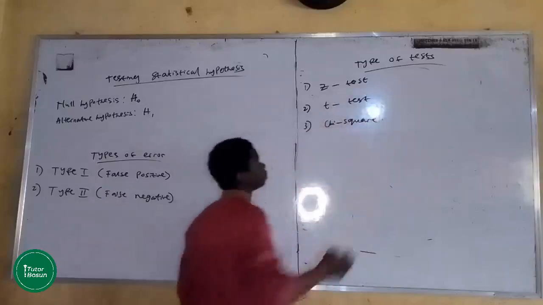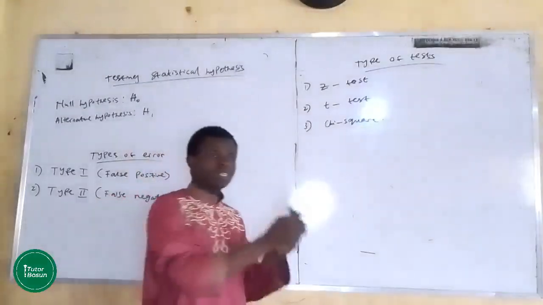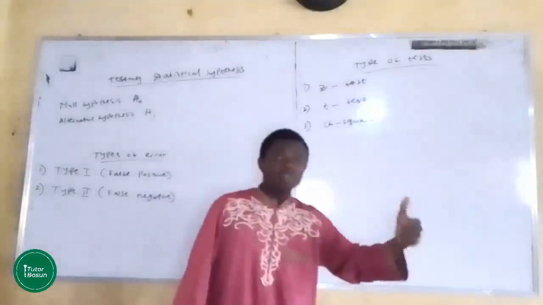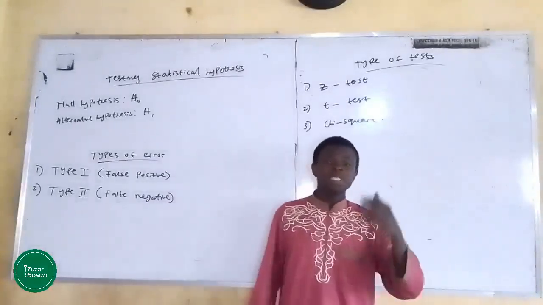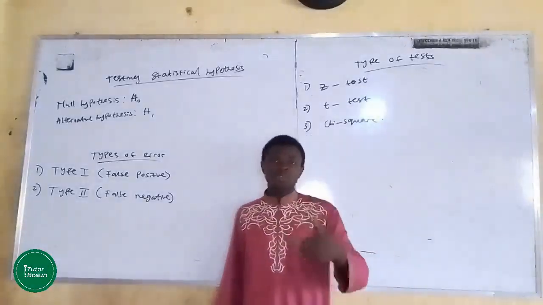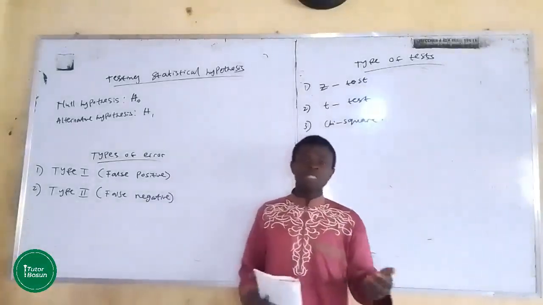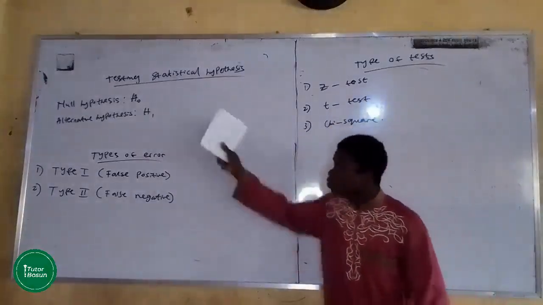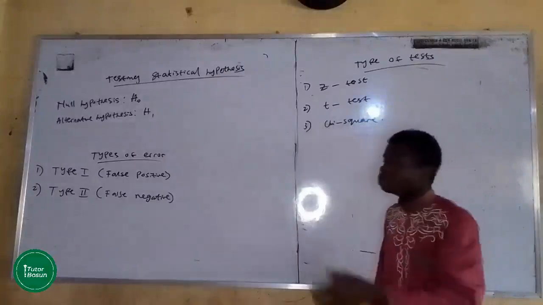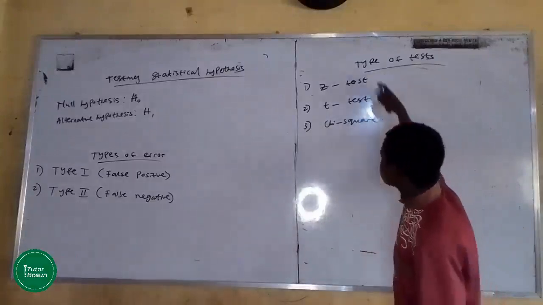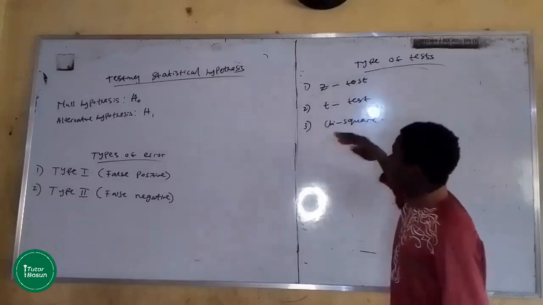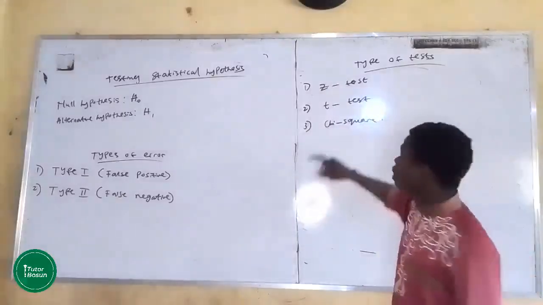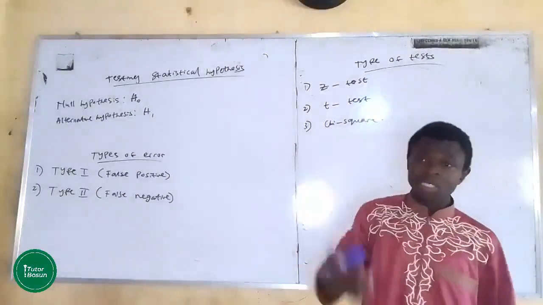There is one other type of test, which we can't classify under test of hypothesis. That involves the test of means, which is analysis of variance, where we test the equality of means. That's also a test under statistics, but we'll be discussing it in a separate lesson. In this lesson we'll discuss z-test and t-test, and chi-square in the next lesson.